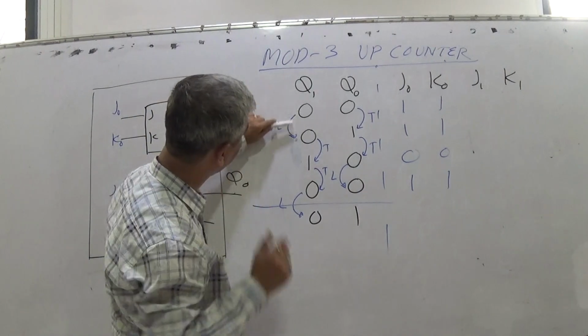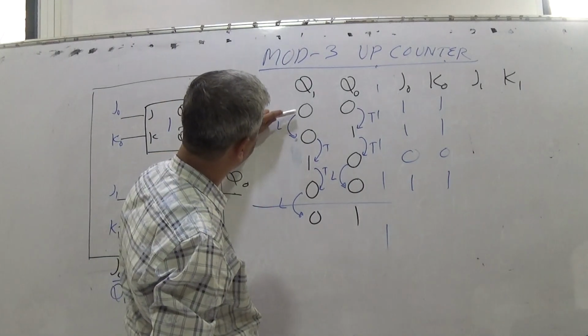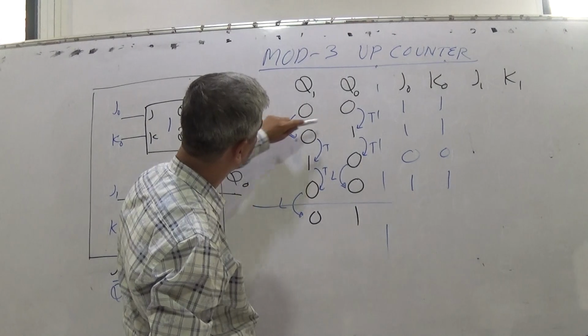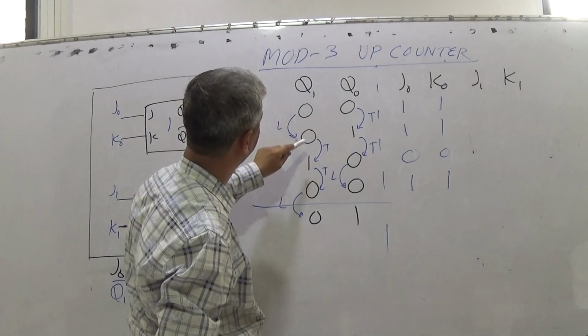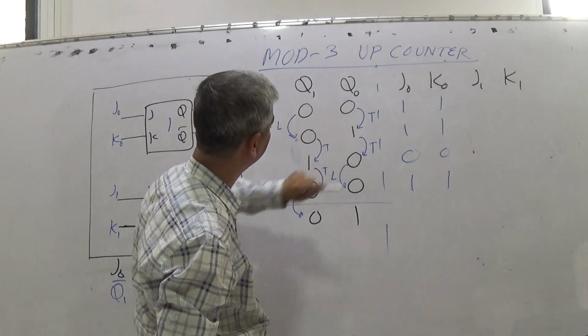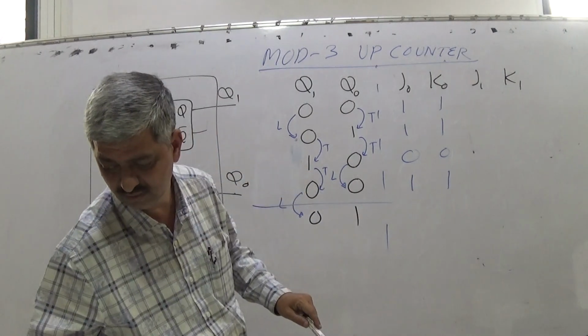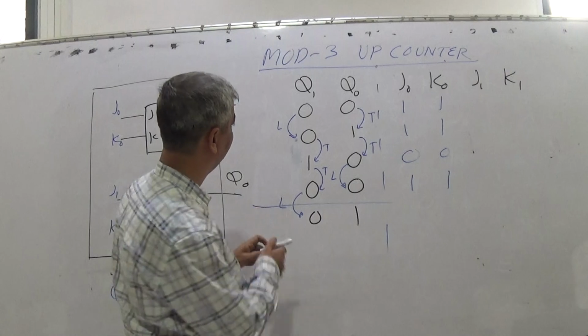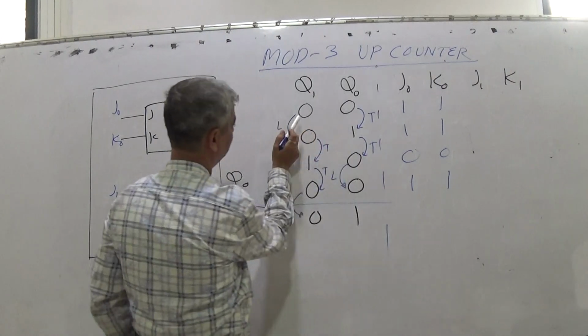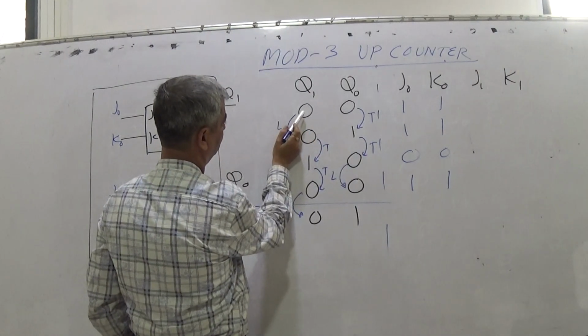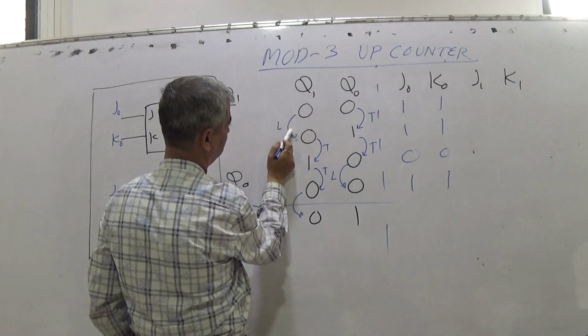So it is last state, it is maintaining last state, it is 0. It is toggling, it is 1. But it is also again toggling here. So our simple logic fails now. So when here is last state, Q0 is 0.